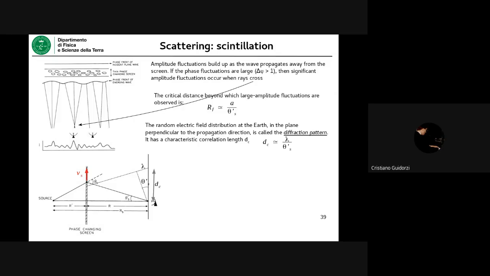If you know the intensity in one point, you can immediately estimate the intensity in the other. So provided that you consider two points along this direction which are close enough, there is some kind of memory between the intensity in the two points. Comparing the two extreme cases, very close and very far away points, there is an intermediate distance which works as a critical distance, below which there is correlation, beyond which there is no more correlation. This is indeed the correlation length, which we call DC.